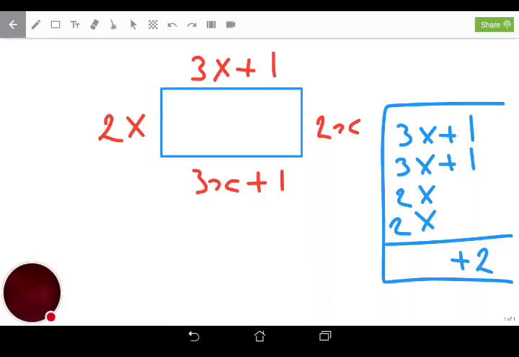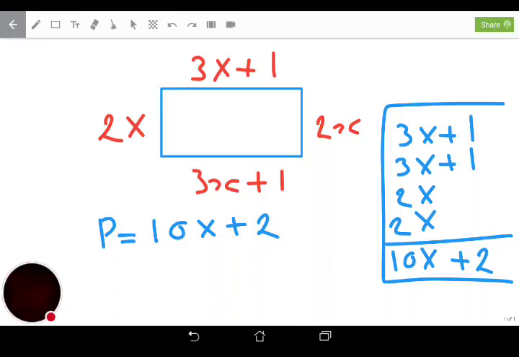Now I'm going to add up how many x's I've got. 2x add 2x is 4x, 3x plus 3x is 6x, so 6 plus 4 leaves me with 10x. So the expression for the perimeter is equal to 10x plus 2. All I've done there is collect the terms.